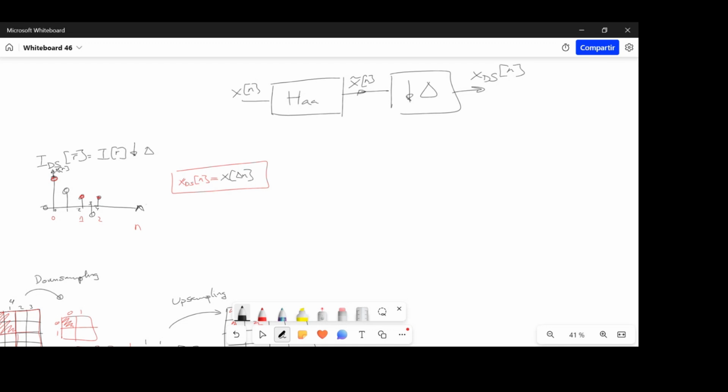And this anti-aliasing operator, what is it doing? It is removing high frequencies. You know that when you do this operation, what will happen in the spectrum?